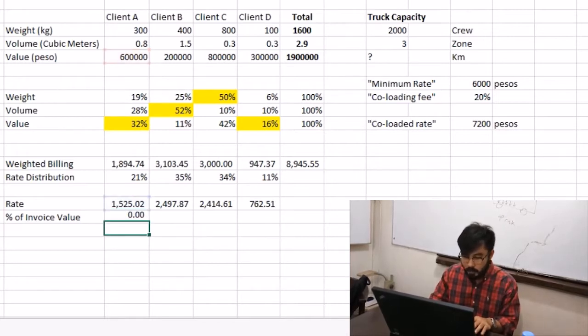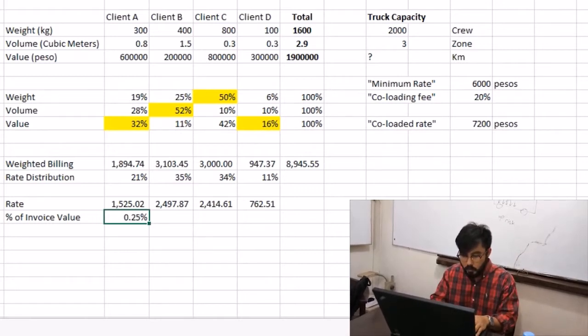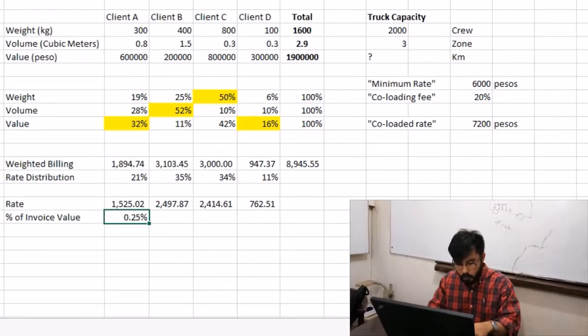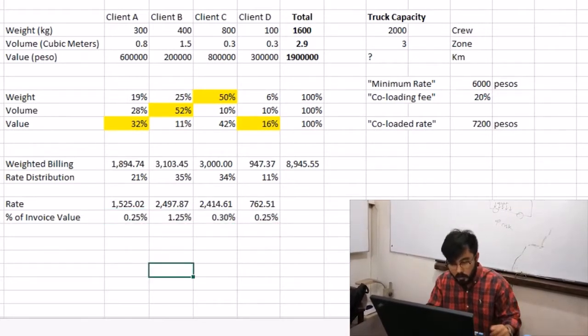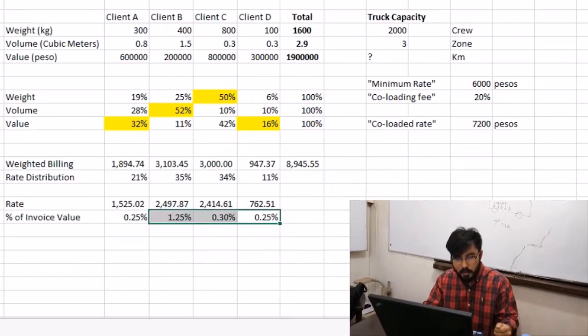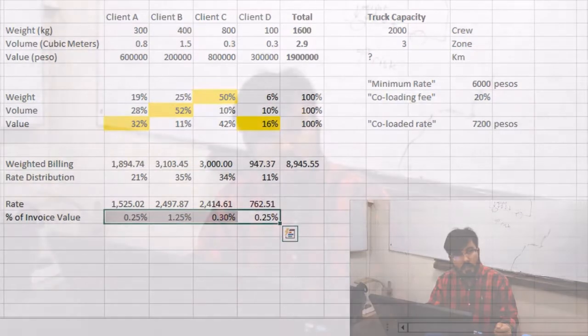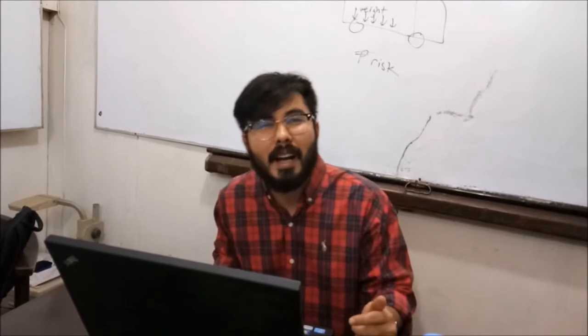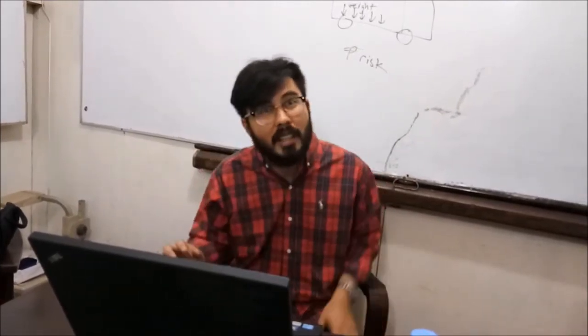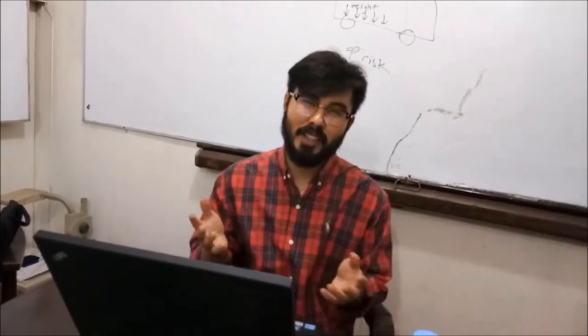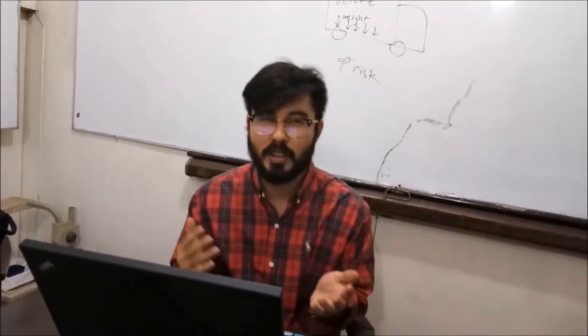Now, if you look at it as a percent of invoice value, see what happens. What this shows is they're really not paying much. But this is one way we can have some sort of minimum co-loaded charge. If you like, you can say minimum co-loaded charge or current ad valorem rate, whichever is higher.